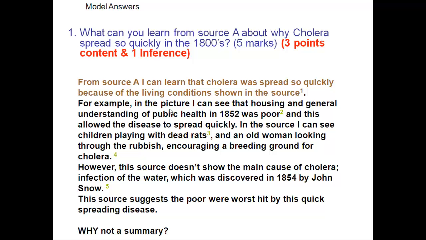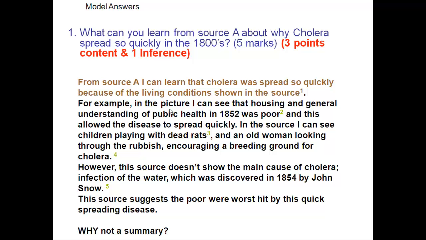For example, in the picture I can see that housing and general understanding of public health in 1852 was poor, and this allowed disease to spread quickly. In this source I can see children playing with dead rats and an old woman looking through the rubbish, encouraging a breeding ground for cholera. However, this source doesn't show the main infection of water, which was discovered in 1854 by John Snow. This source suggests the poor were worst hit by this quick spreading disease.